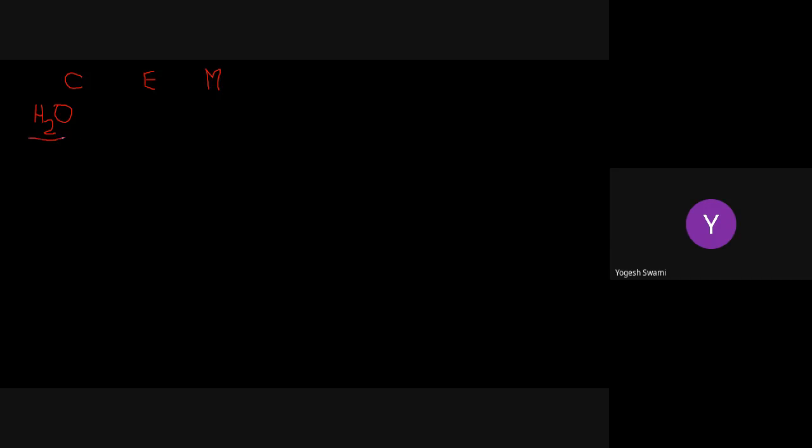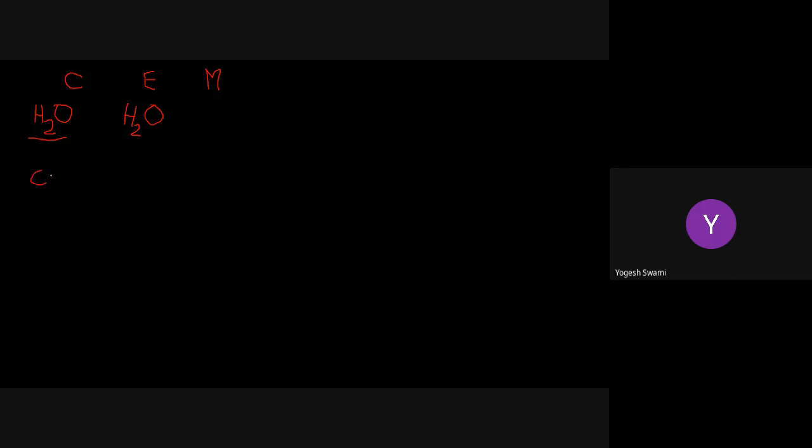In water, two hydrogen atoms and one oxygen atom are present. So that ratio is also 2:1. So for water, the empirical formula and molecular formula are the same.